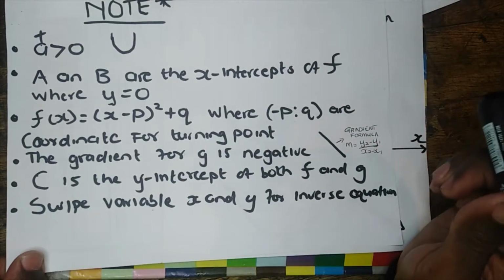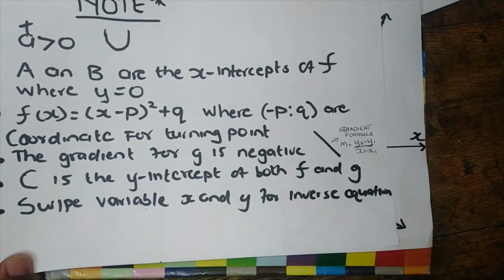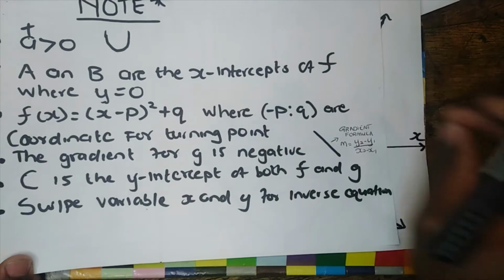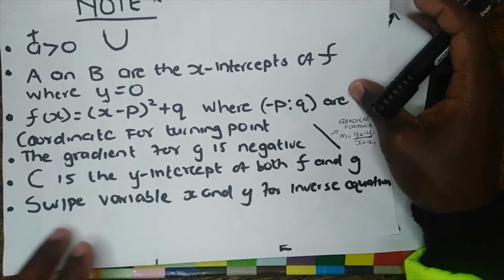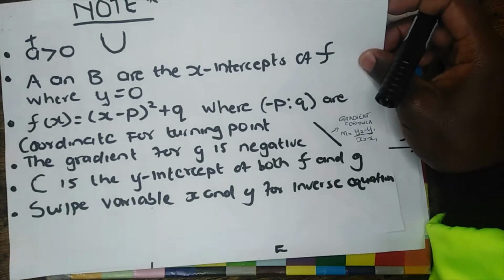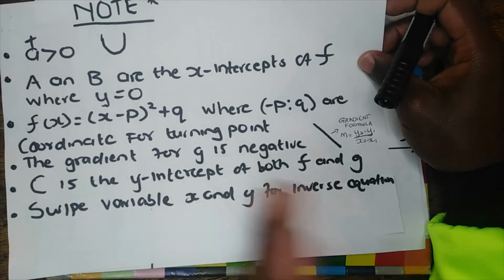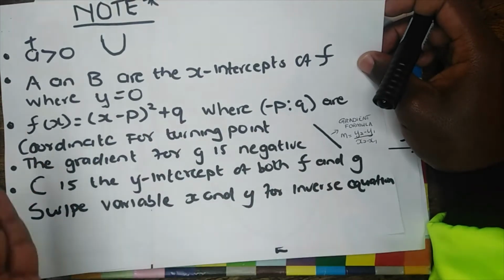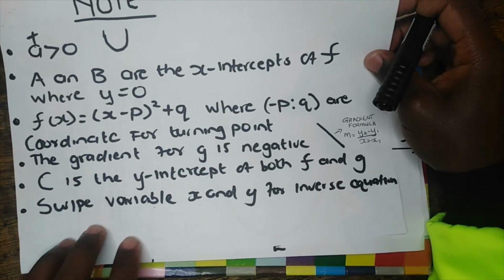And C is the y-intercept of both f and g. So if C is the y-intercept of both f and g, that means our x here is equal to 0. So guys, if it's a y-intercept, then our x is equal to 0. But if it's an x-intercept, our y is equal to 0. Please guys note that.